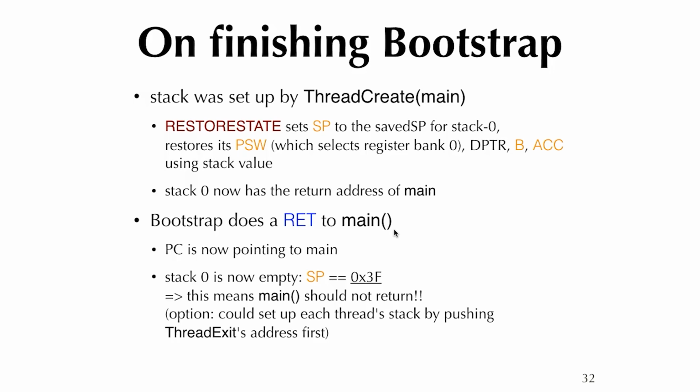Now this stack is pointed at 3F, right? Because 41, 40 get popped, so it's pointing at one below. So now what does that mean? This means even though main looks like a function written in C, and in fact it is, it doesn't have any return address.